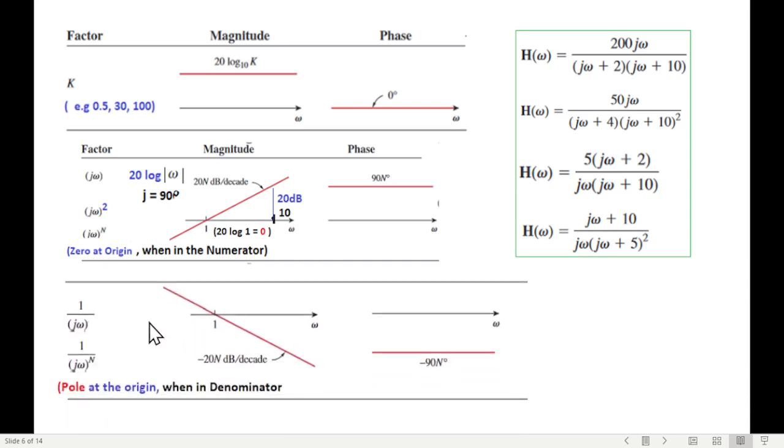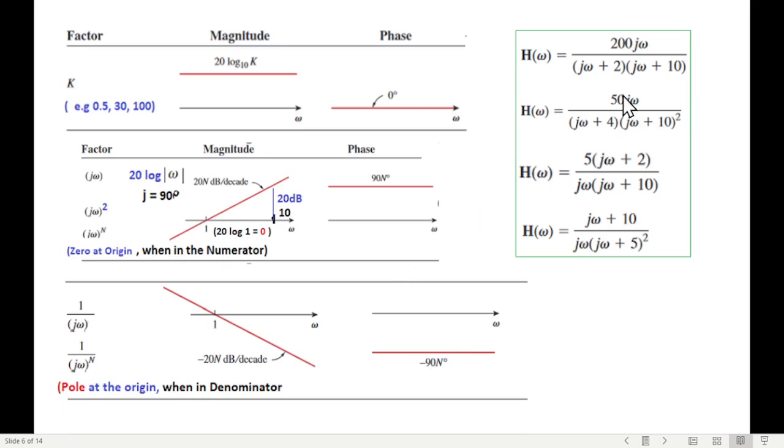Just opposite is when we have j omega at the denominator, 1 over j omega. This will be the pole at the origin. The only difference is that we flip this down, and the slope will now be negative, negative 20 dB per decade, and the angle will also be negative 90 degrees.